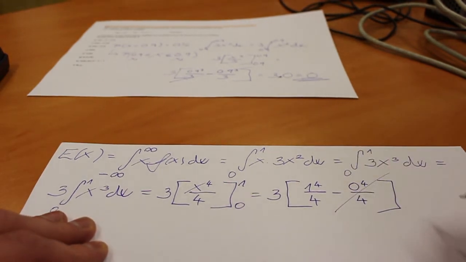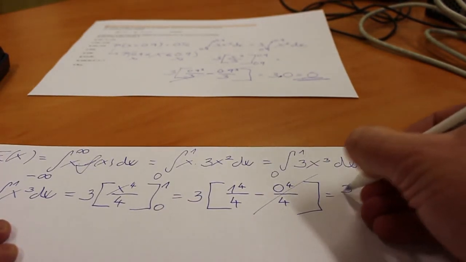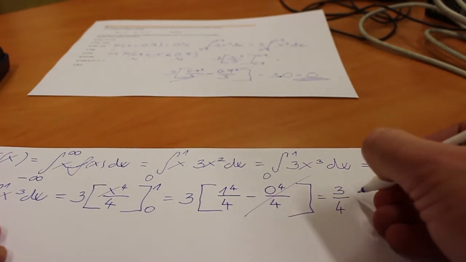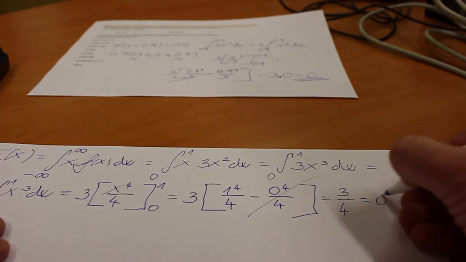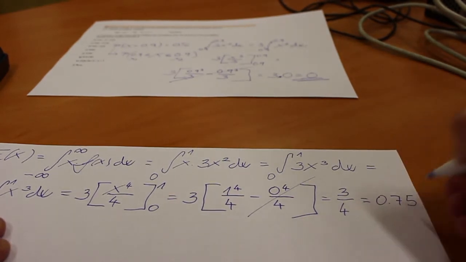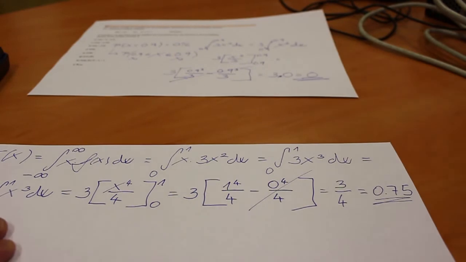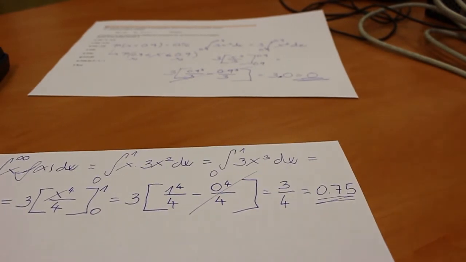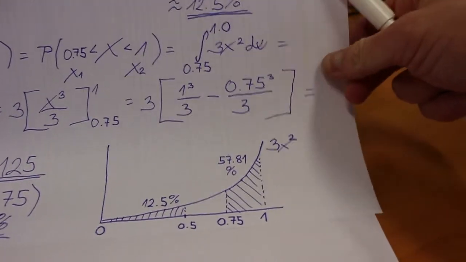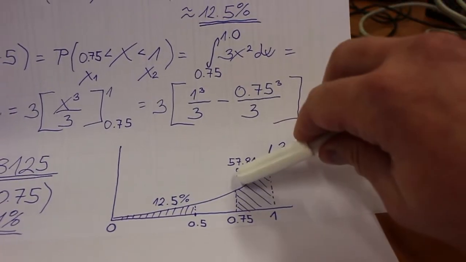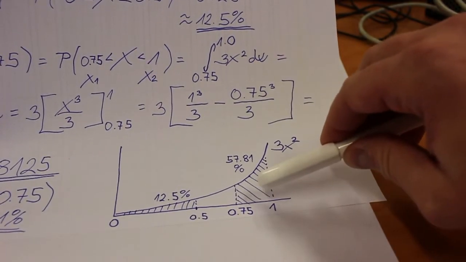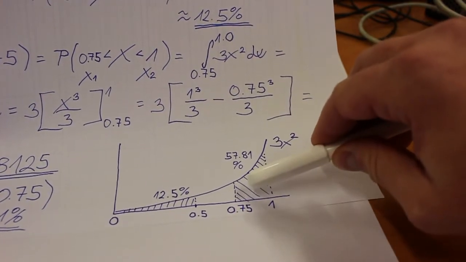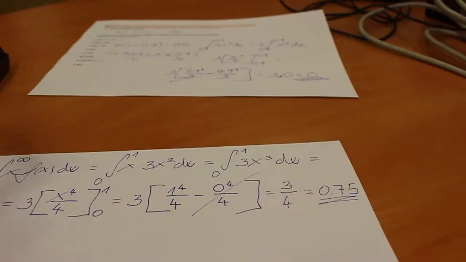This is 0, and the result is 3/4, which you can calculate as 0.75. So this is the expected value of the random variable x. This is the mean, the average. Here, where this line is at the value 0.75, you can find the average, the mean.